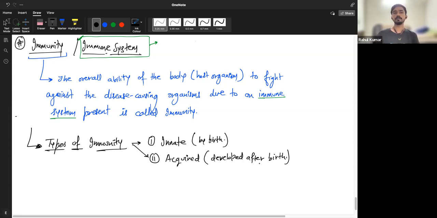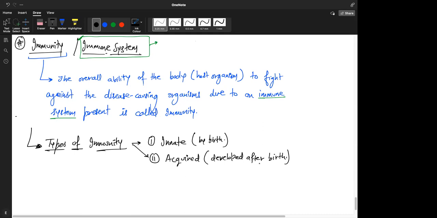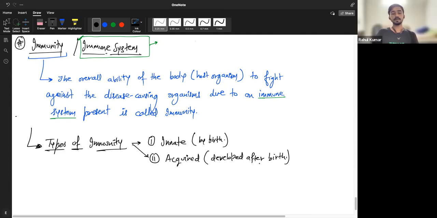But people who are living in developed countries, where these pathogens they're not exposed to, might never develop an immunity against it, and the moment they encounter it in later stages of life, they fall severely sick. Yes or no? So exposure is a good thing from immunity's perspective, but not a good thing from society's perspective.